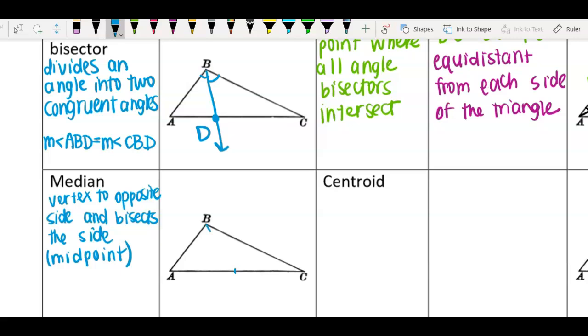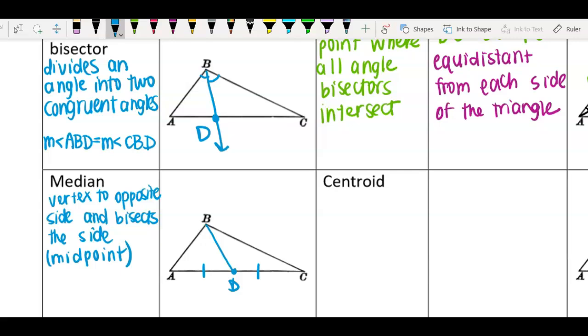So it would go from B out to that point, and I'm going to call it D again. And again, there's nothing special about the length of this segment right now. It just has to bisect that opposite side.